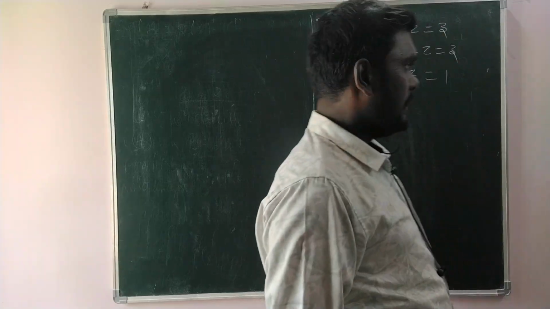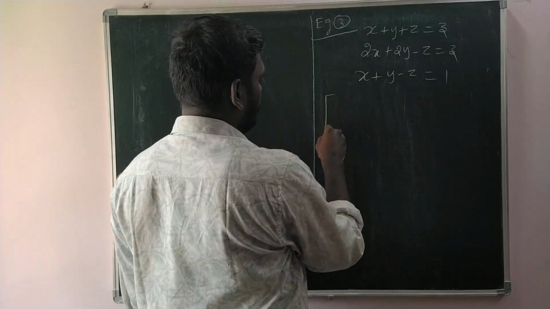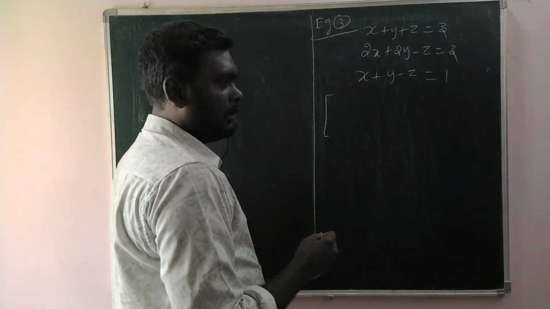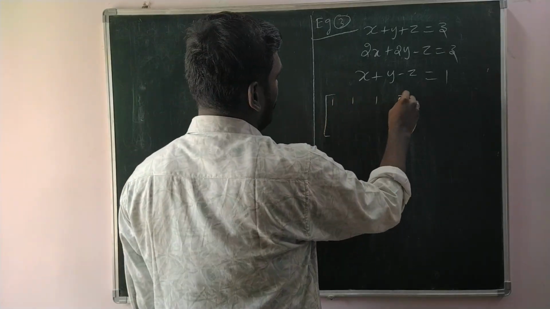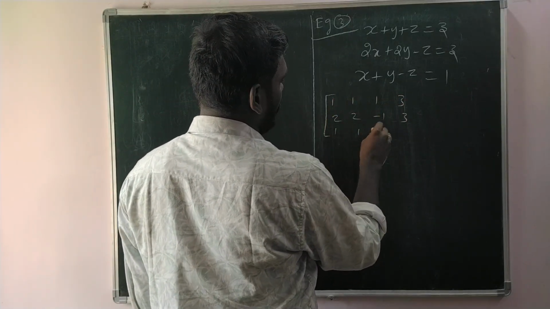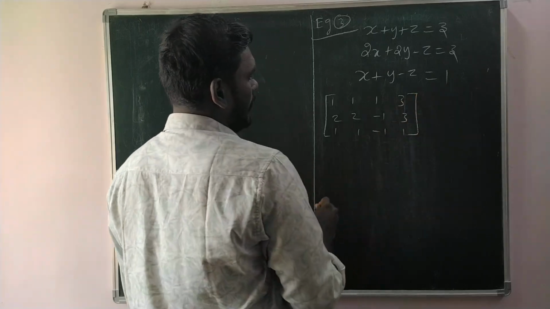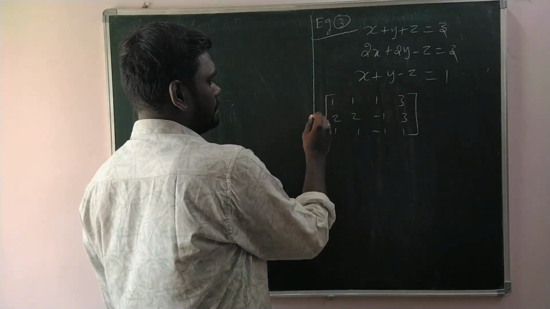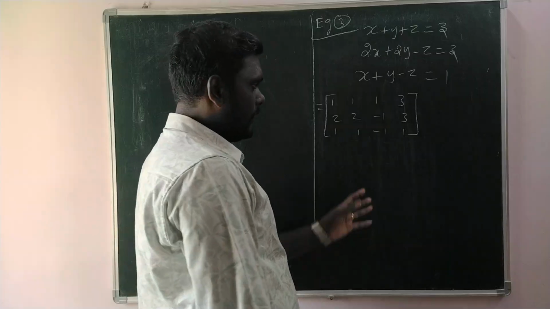We should solve this equation. See, without wasting time, I am putting directly into the augmented form. This is 1 1 1 3 and 2 2 minus 1 3 and 1 1 minus 1 1. You understand why I have written like this? This is the augmented matrix.